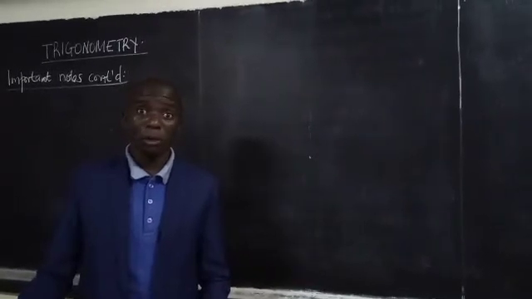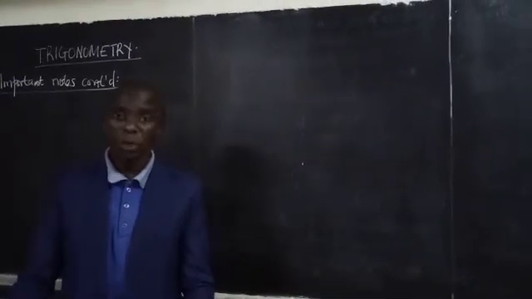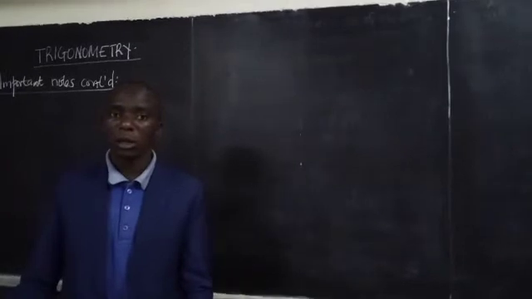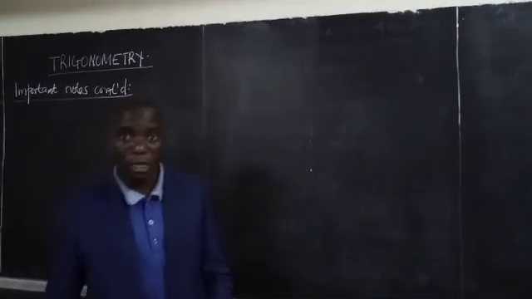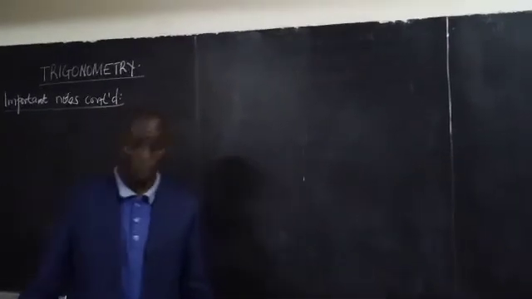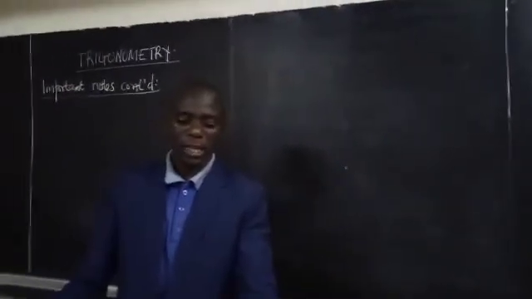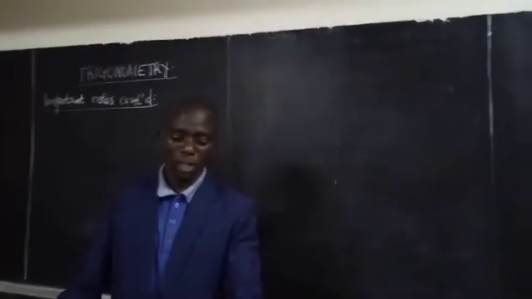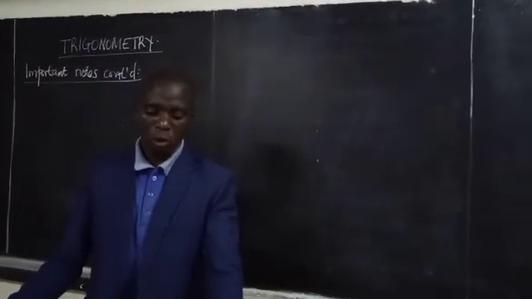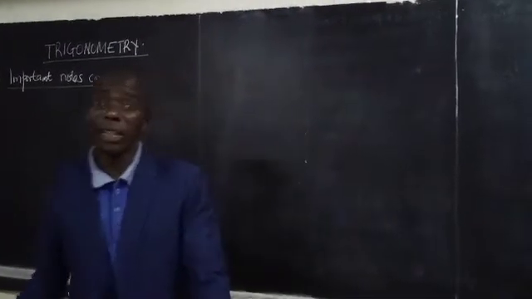A simple recap of what we studied in the previous lesson. We ended with a simple table, and then there was a question that was asked: what do you observe from the cosine, the sine, and tangent of each angle with that of its equivalent angle?